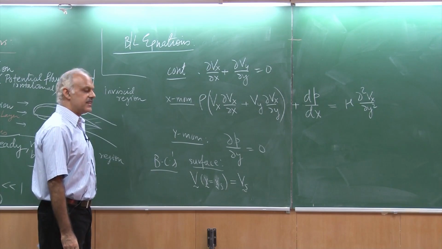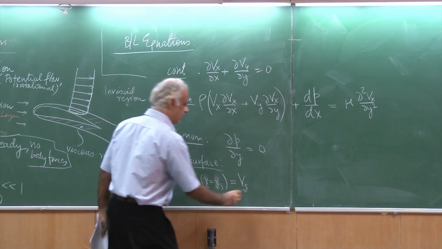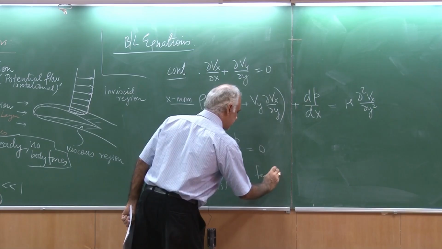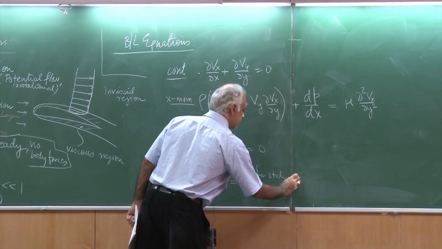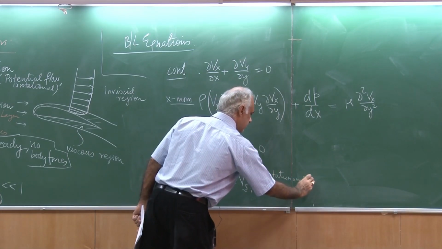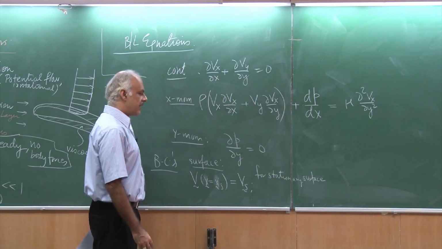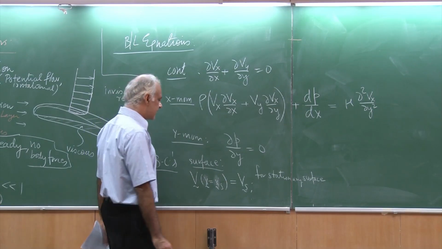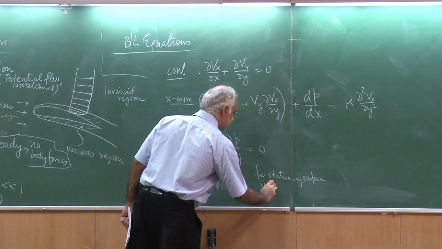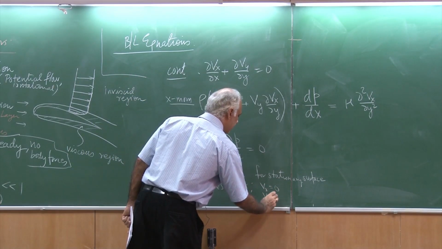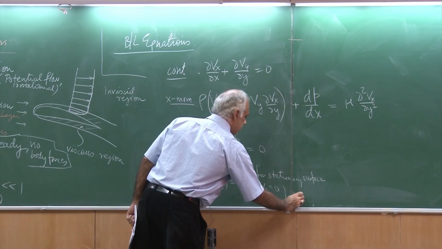In fact, for a stationary surface, I would have to satisfy the no slip boundary condition, and then my Vx is 0 and my Vy is 0 on the body.